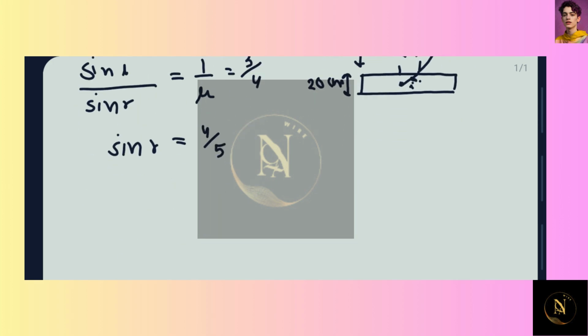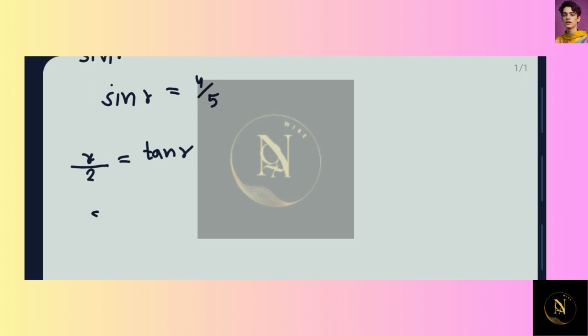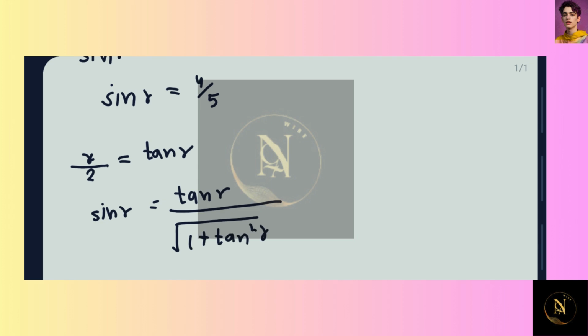Now from the figure we can say that x by 2 would be equal to tan r. Therefore sin r would be equal to tan r upon square root of 1 plus tan squared r. When we simplify this and substitute the value of tan r, we get (x by 2) divided by the square root of 1 plus x squared by 4.